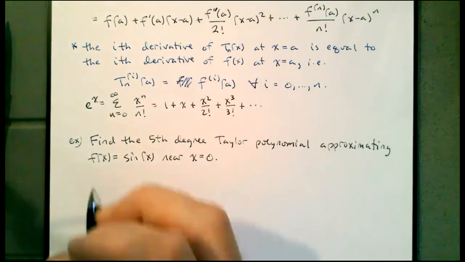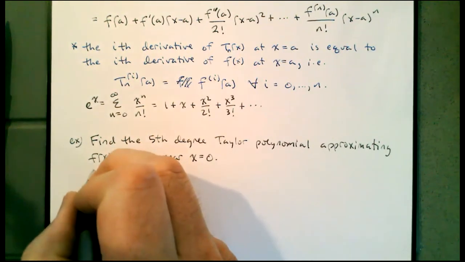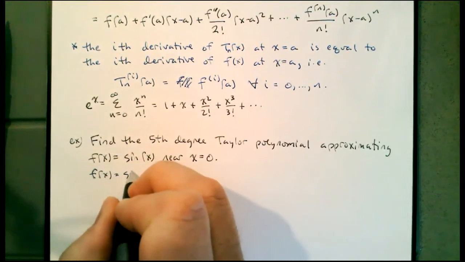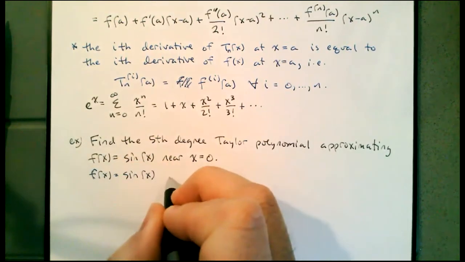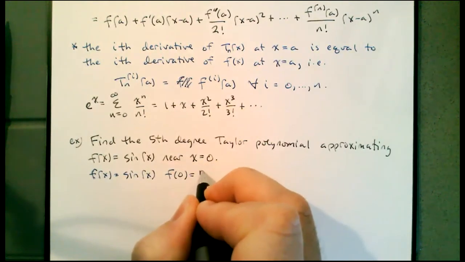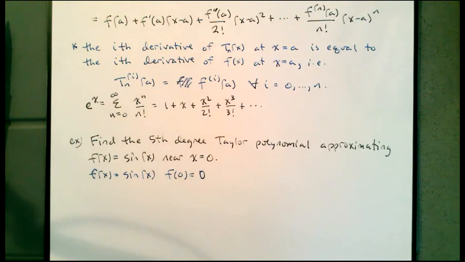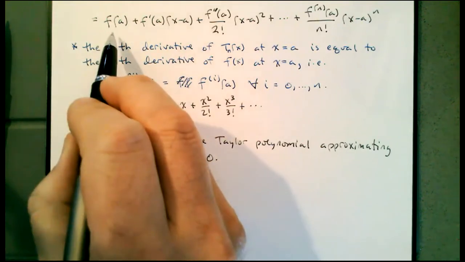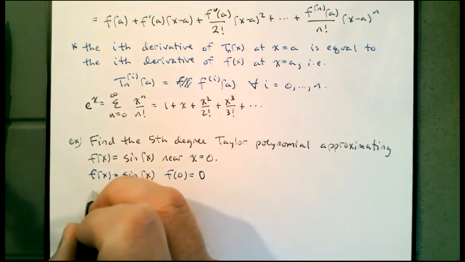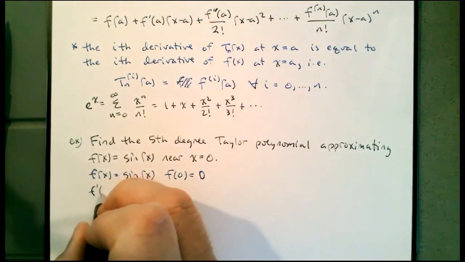So I need to take f of x. So f of x is sine x, and f of 0 is 0. Sine of 0 is equal to 0. So that's that first term. It's going to be a 0. I need to take the derivative, f prime of x.